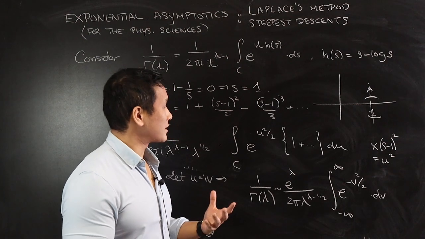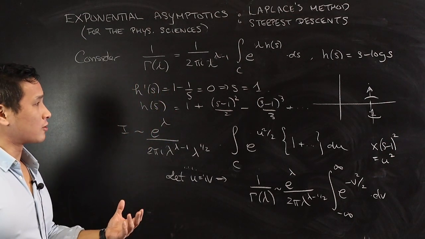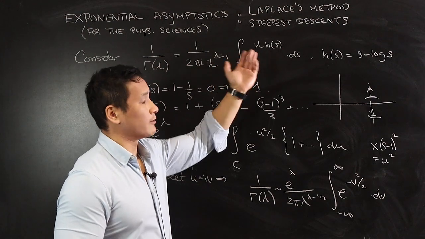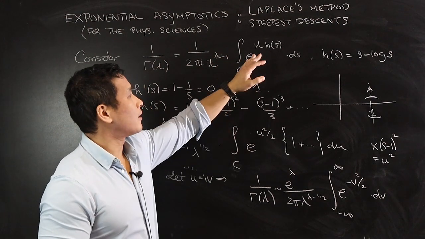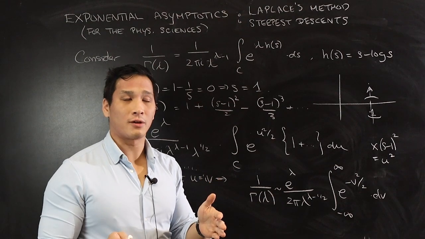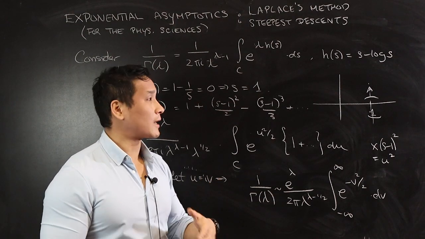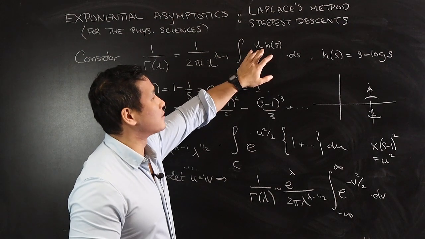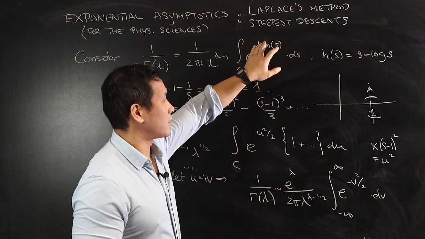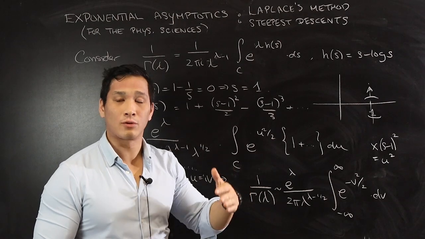But let's just recap the philosophy, which is that you have an integral with a parameter which is going to infinity or 0, and you look at what's happening with the integrand function in the complex plane. The fact that your parameter goes to infinity tells you that points where the argument of that exponential is maximized are really important.